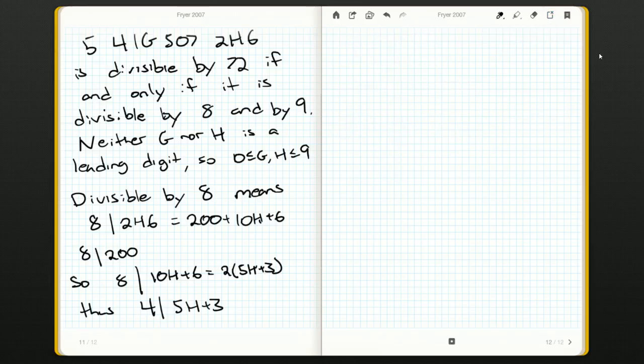Oh, duh. I don't have to do 5H. I can do just an H. So 4 has to divide H plus 3. Here we go.